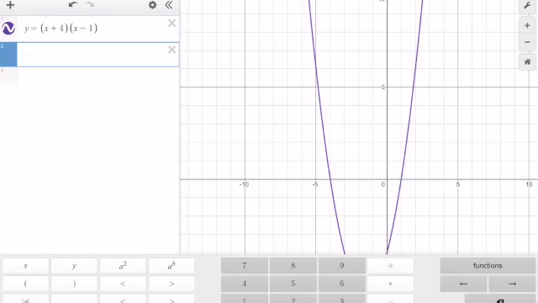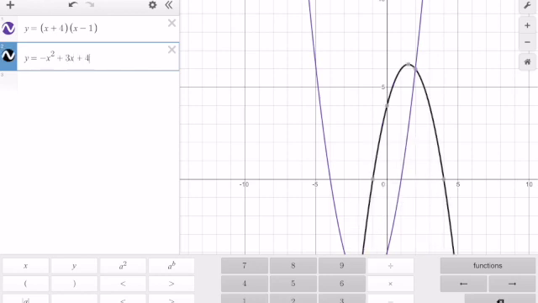The other equation was y equals negative x to the power of 2 plus 3x plus 4.